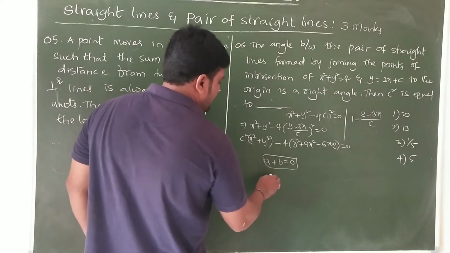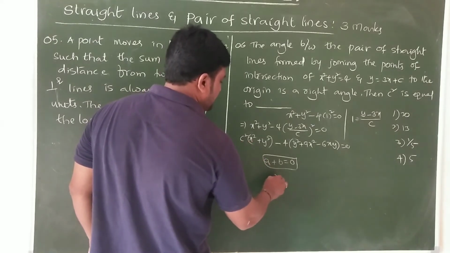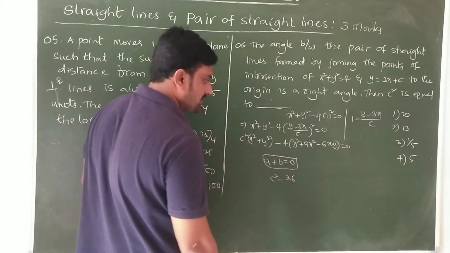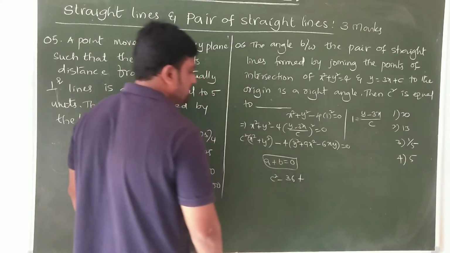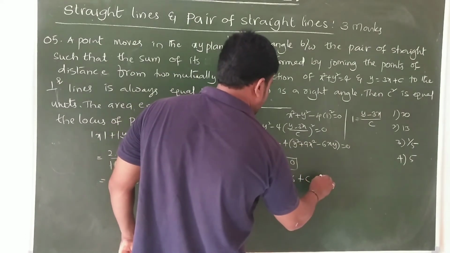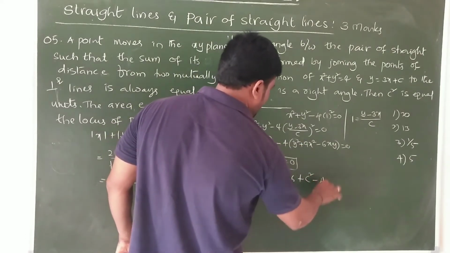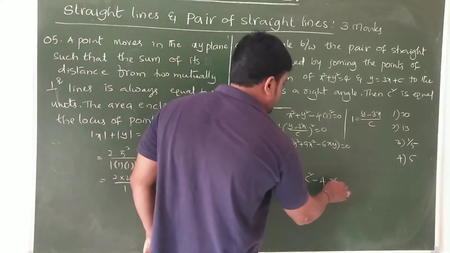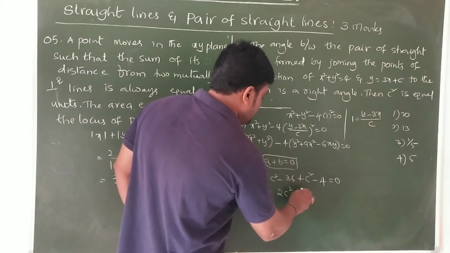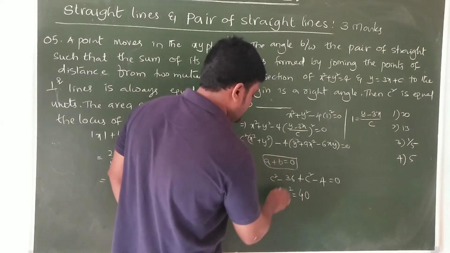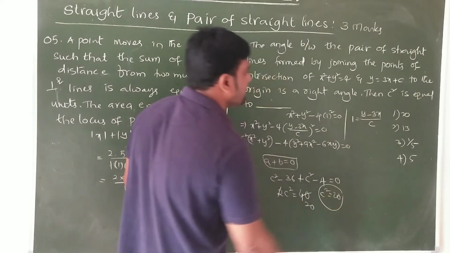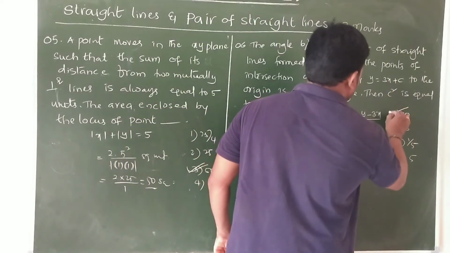Then x square coefficient is c square minus 36, and also y square coefficient is c square minus 4, okay, equals 0. Then 2c square equals 40, so c square equals 20. Our right option is the first one, okay.